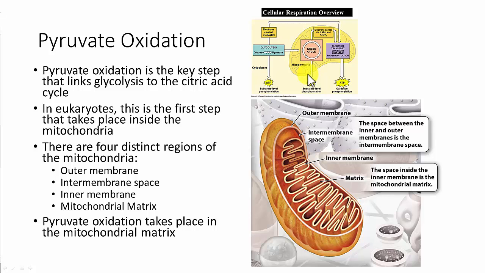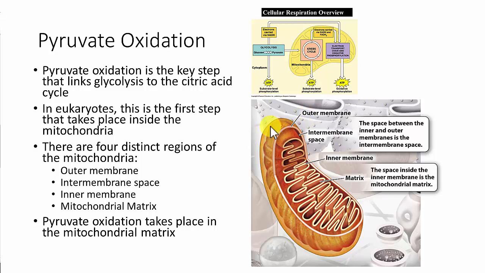We're also going to see the breakdown via the Krebs cycle, and ultimately the electron transport chain. So since we're moving into the mitochondria, let's just take a quick look at some of the structural aspects, some of the different regions. There are 4 distinct regions of a mitochondria.